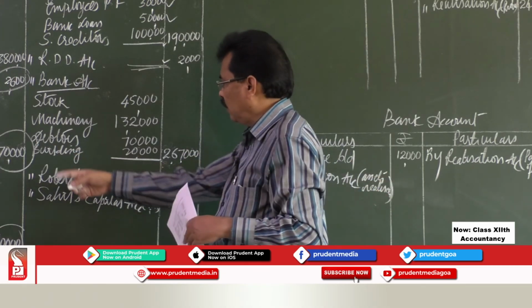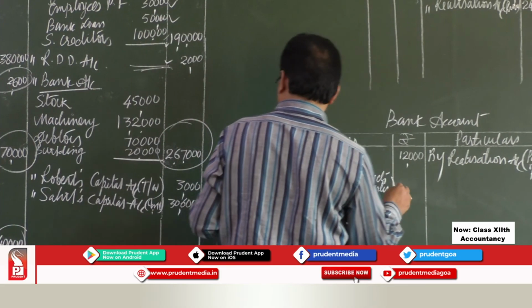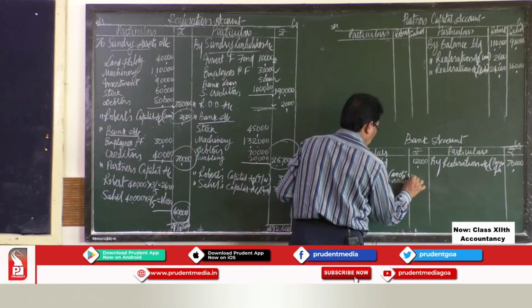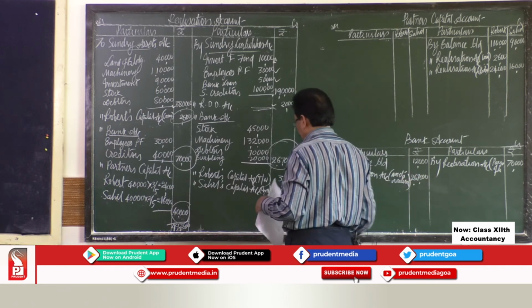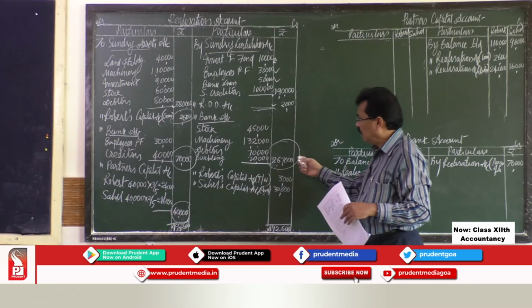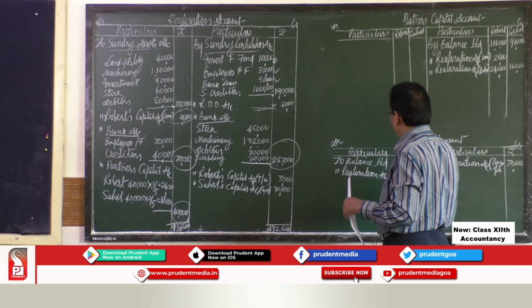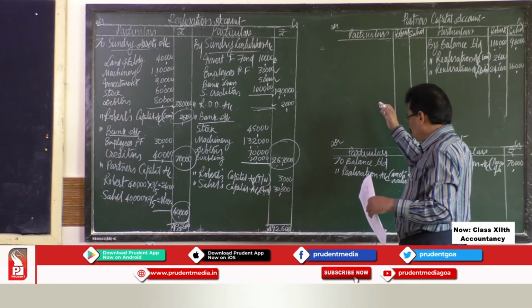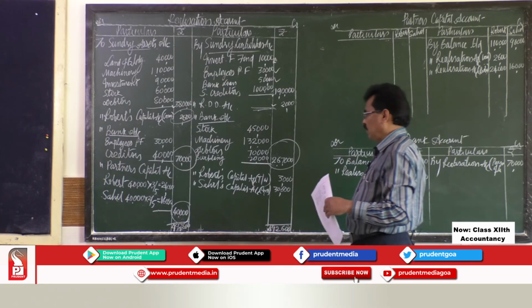The amount received on sale of assets is 2,67,000. So this is the amount received on sale. When you sell the assets, you will get the money, cash comes to the business. So all the receipts of cash we write on the debit side of bank account.